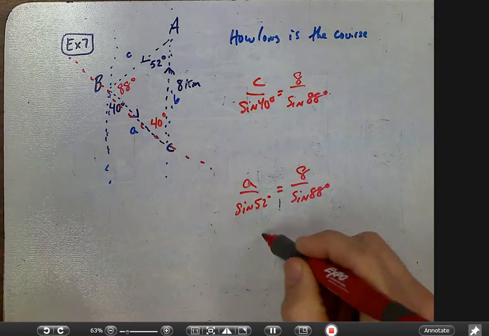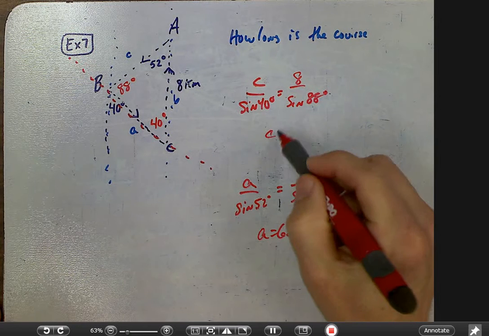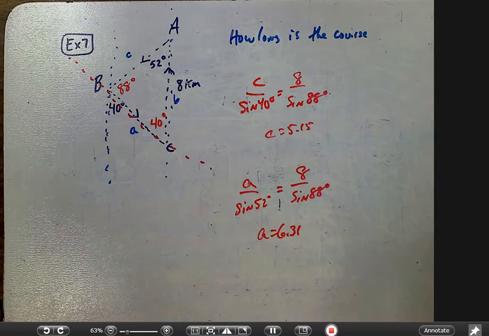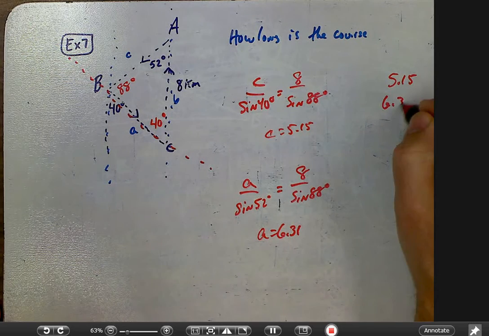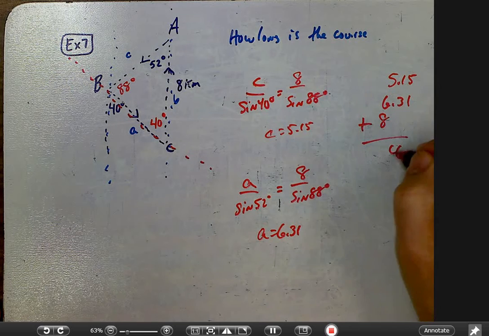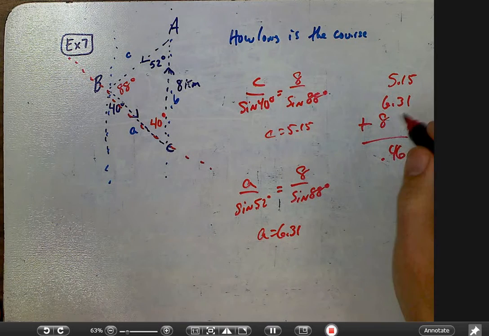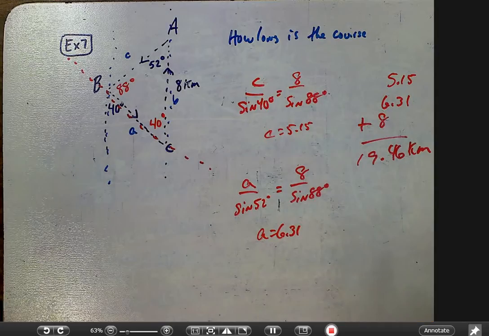It turns out that A is 6.31, turns out that C is 5.15, so the course is 5.15, 6.31, 8, add those together, and you get approximately 19.46 kilometer course. There you go.